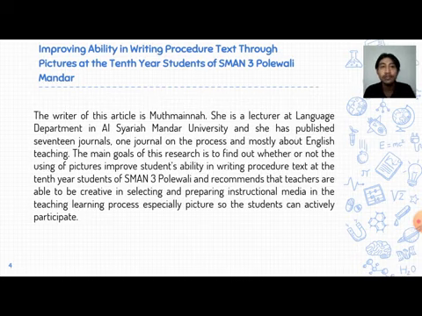The main goal of this research is to find whether or not the use of picture improves student ability in writing procedure text at SMA N 3 Polewali, and to recommend that teachers be creative in selecting and preparing instructional media in the teaching learning process, especially pictures, so the students can actively participate.